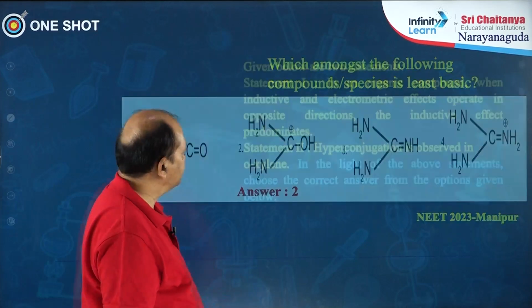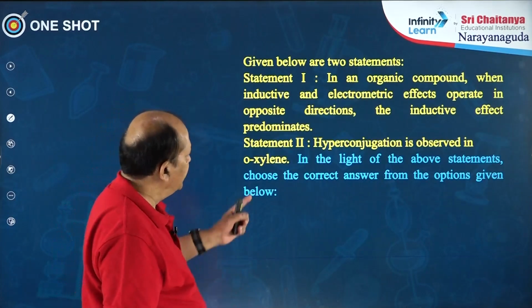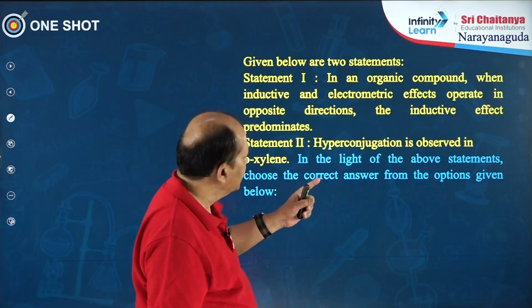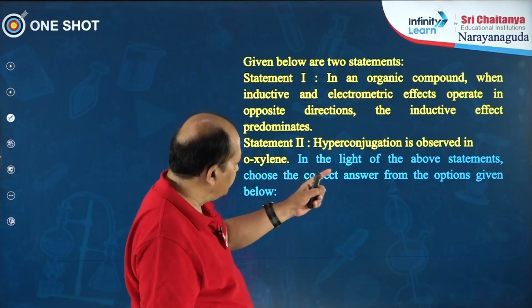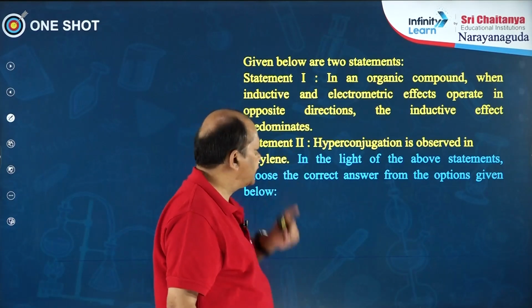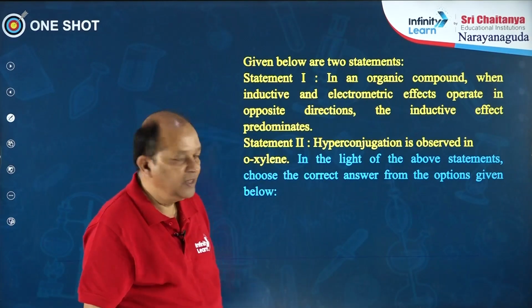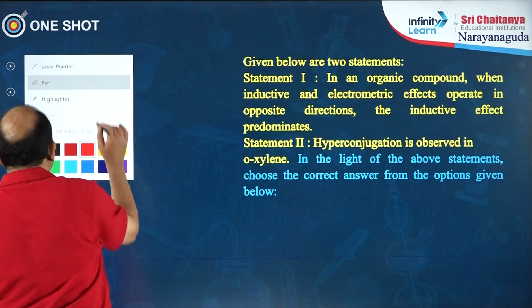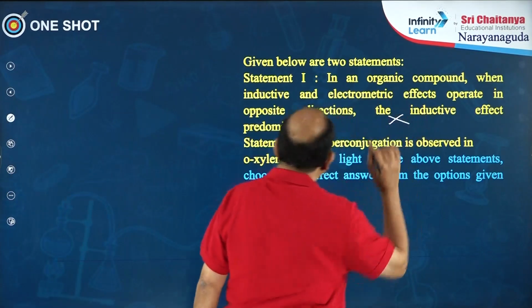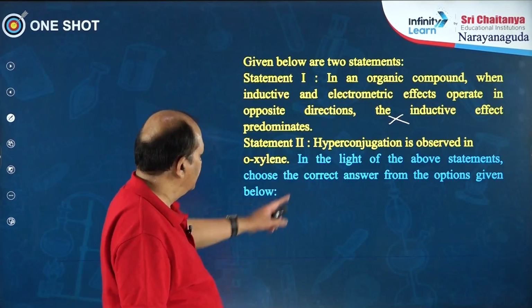Okay. Next, here they gave 2 statements. In an organic compound, when inductive and electromeric effects operate in the opposite direction, the inductive effect predominates. No, it is the electromeric effect that predominates, not the inductive effect. So, statement 1 is wrong.